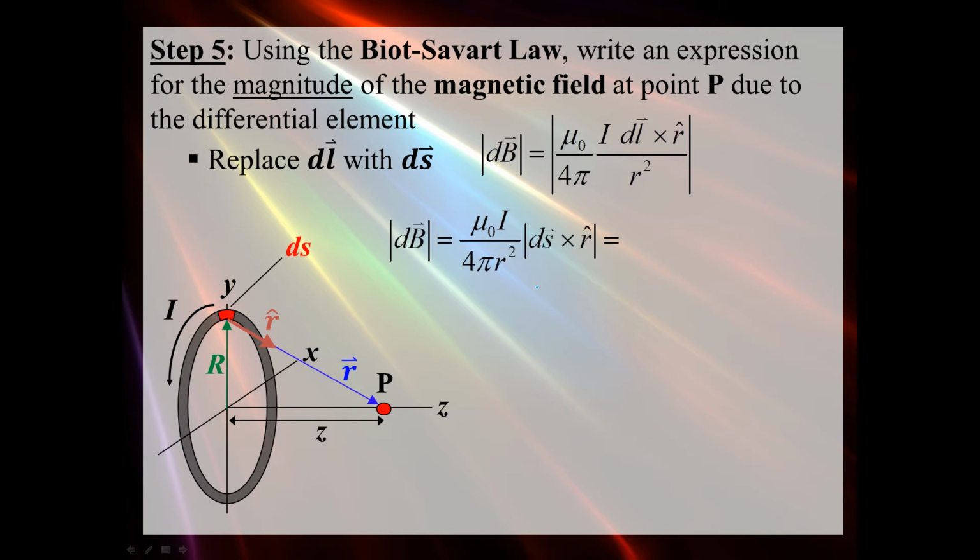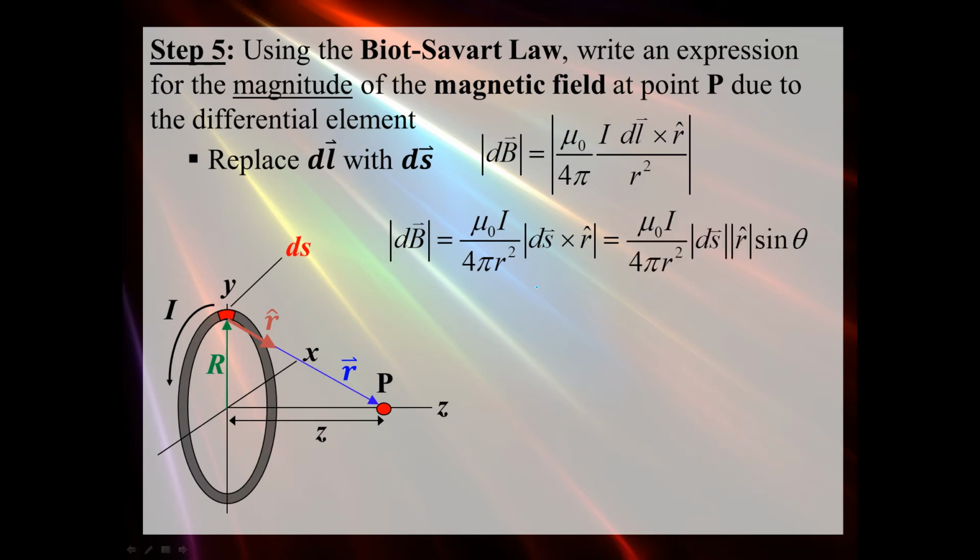So this would then be the magnitude of dB. Again, that's just the magnetic field due to that single differential element. And that would be equal to mu naught I over 4 pi r squared, multiplied by the magnitude of the vector cross product between ds and the unit vector r.